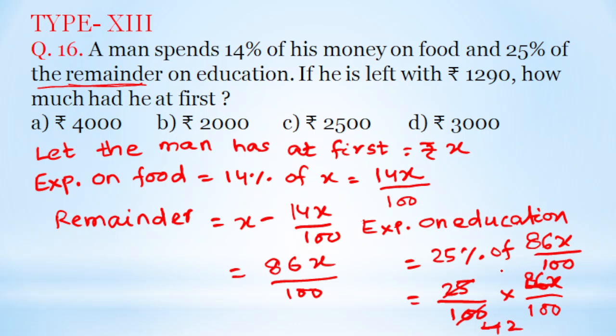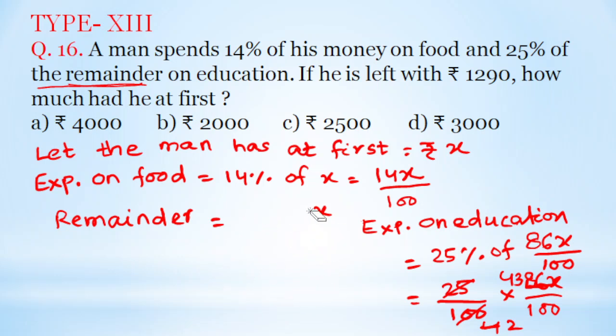When 86 is divided by 2, it is 43. So that is equal to 43x by 200.